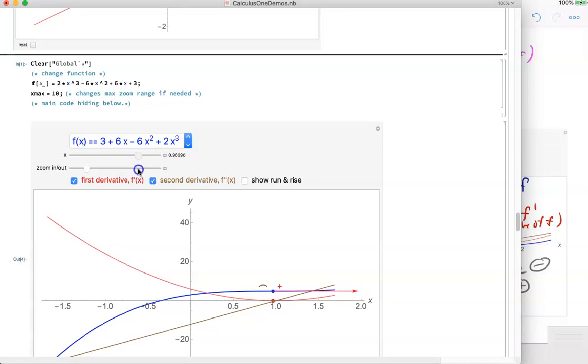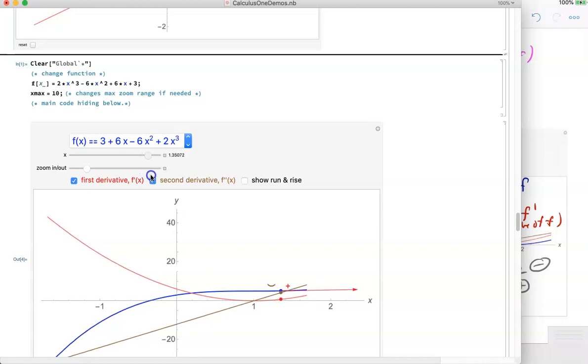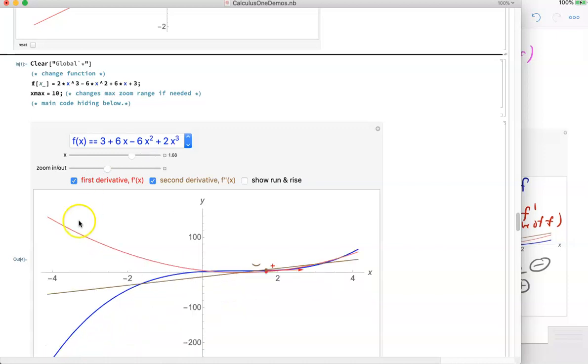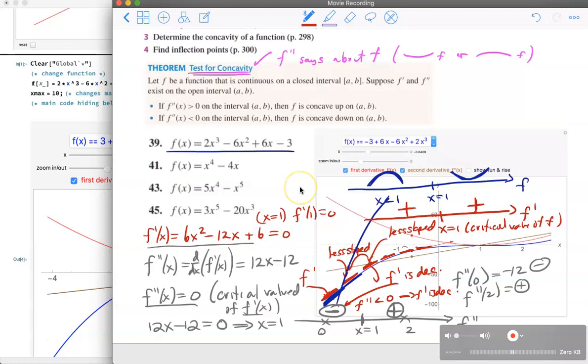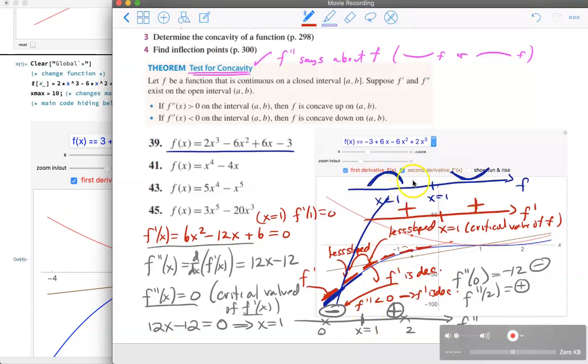So right at that point, the function will switch concavity and the function continues to be increasing. So that is an example of putting all the information together. We can say that we have an inflection point. There's a change in the sign of the second derivative. We have an inflection point at x equal to 1. And we can now talk about the concavity of the function f, given what we know about f double prime.